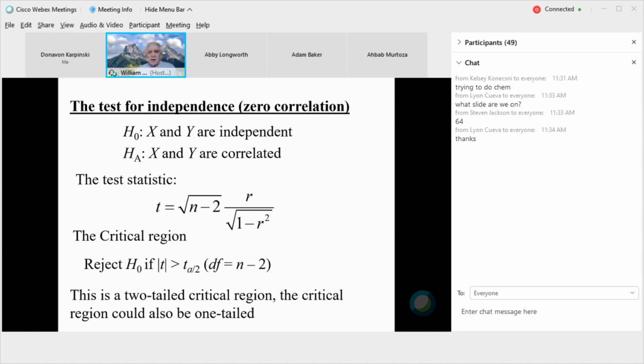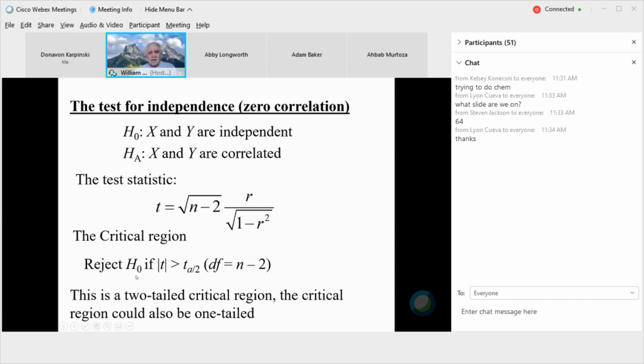The testing for independence, testing for zero correlation. There's the test statistic, square root n minus 2 times r over square root 1 minus r squared. If r is close to +1, this denominator here will be extremely small, and t should be large.